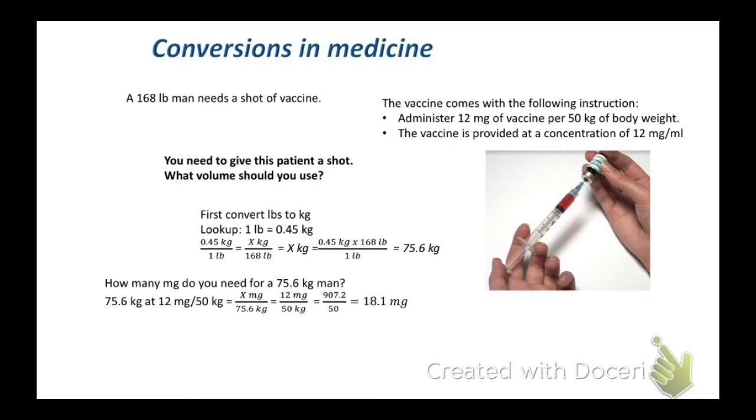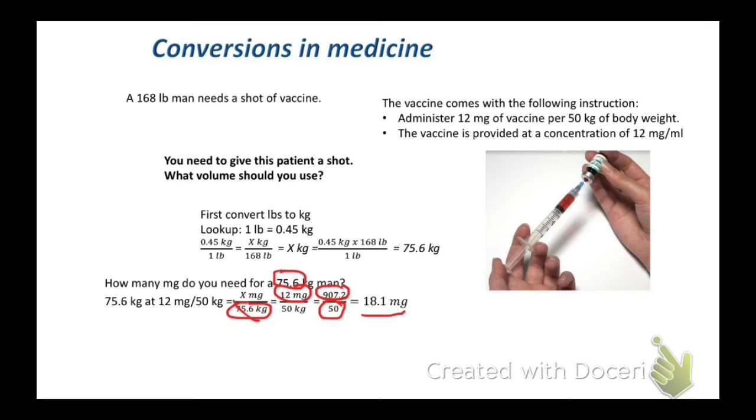So we're going to multiply both sides by 75.6, so we will drop that out on this side, and we have 75.6 times 12. I'm going to kind of cheat and use this number up here, and that's 907 divided by 50, and we are left with 18.1 milligrams.